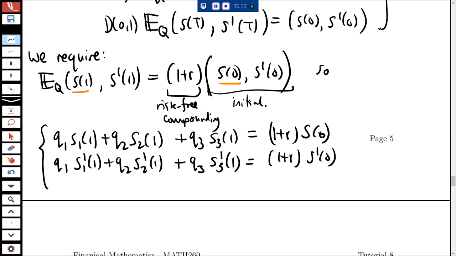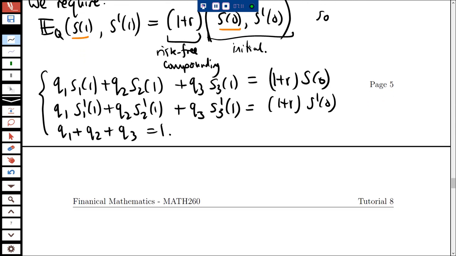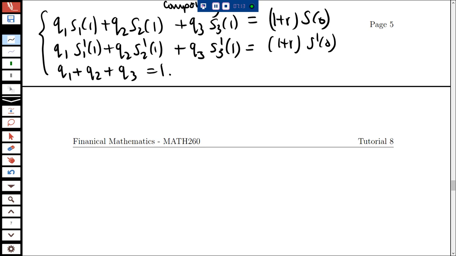Anything else we can say that's useful? We need one more equation. We can say that the sum of the Q's must be 1. So we have a system of equations with 3 unknowns and 3 equations, so we can solve this.